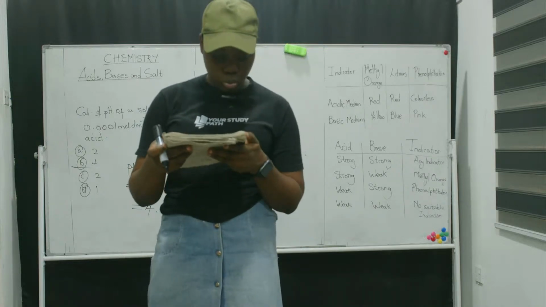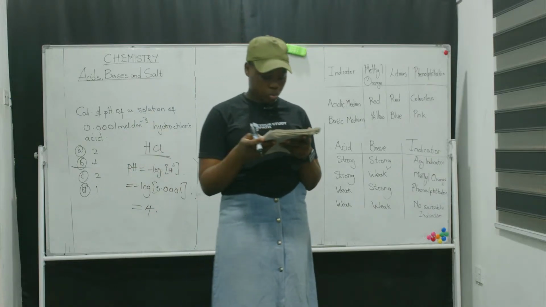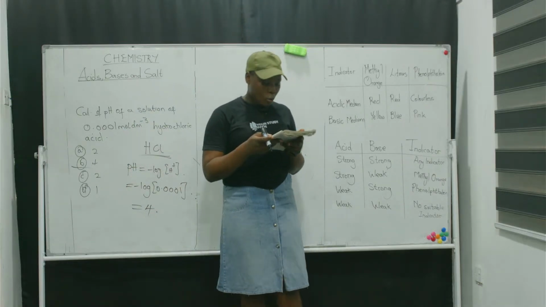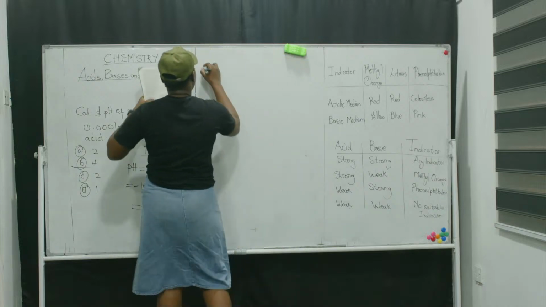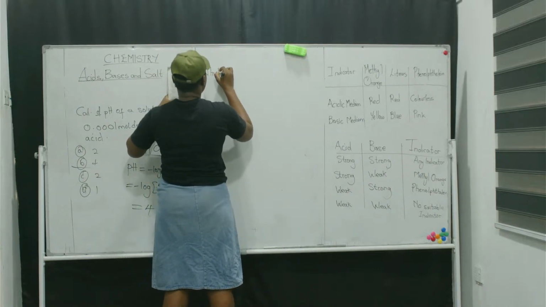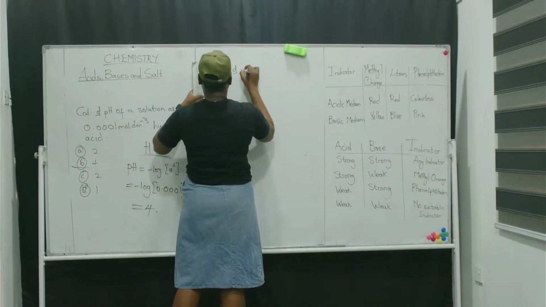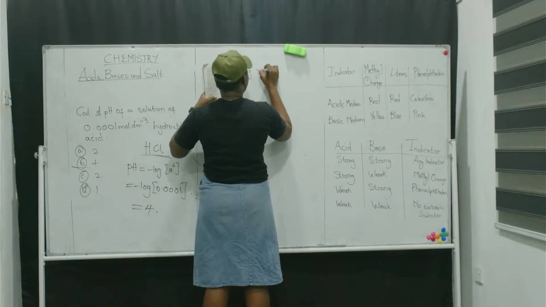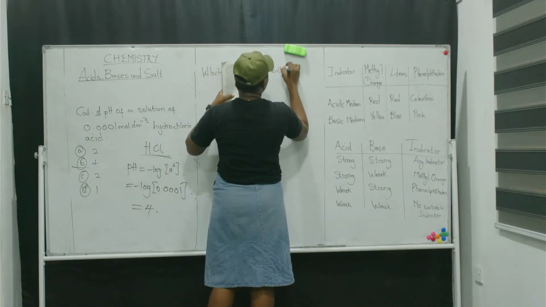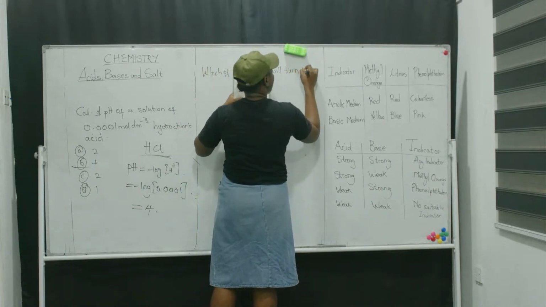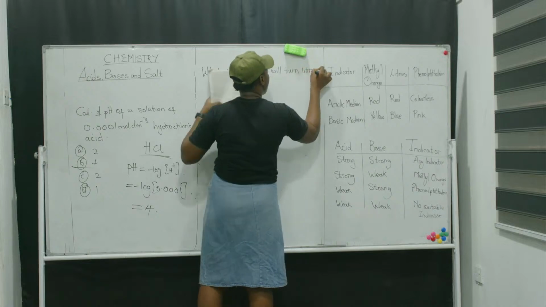14.1. Which of the following salts would turn litmus red?